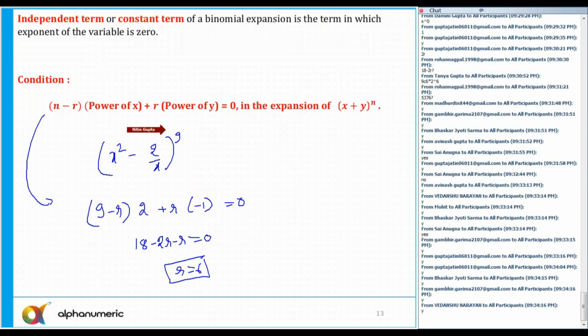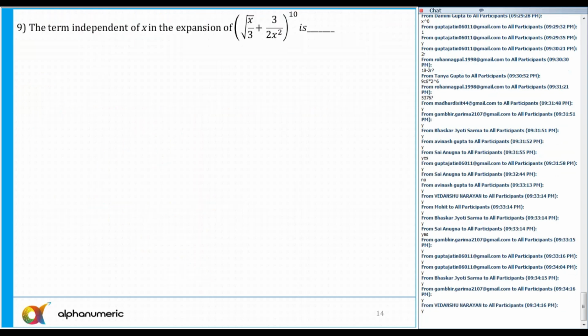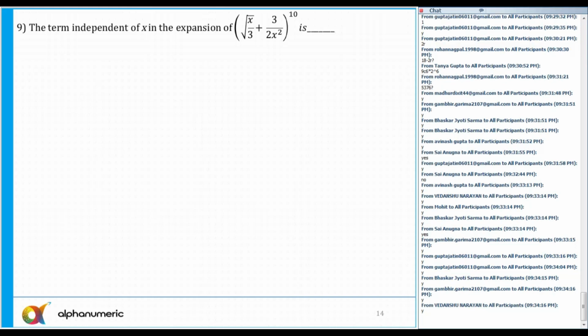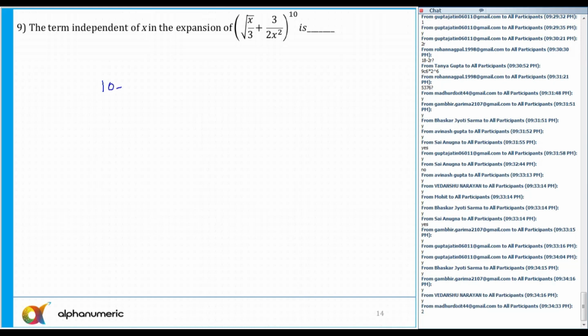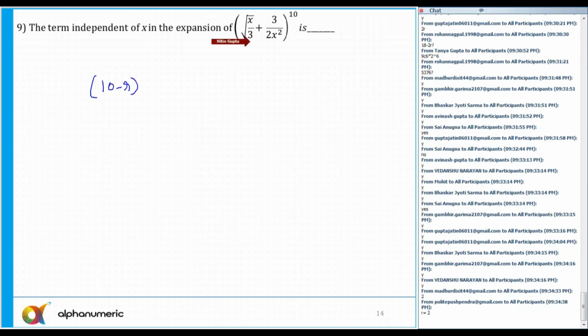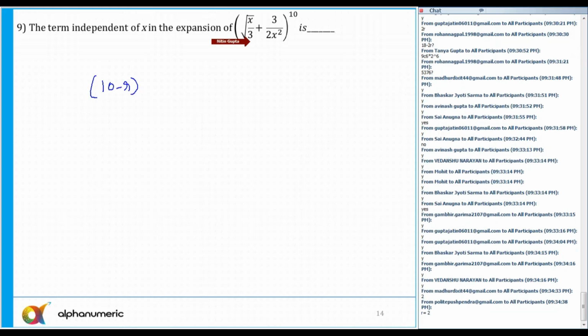So now tell me the answer of this one. Find the term independent of x. So I can say here 10 minus r into the power of x in the first term. What is the power of x here? Can you say x raised to power 1 by 2?